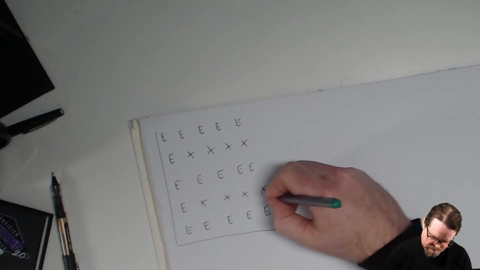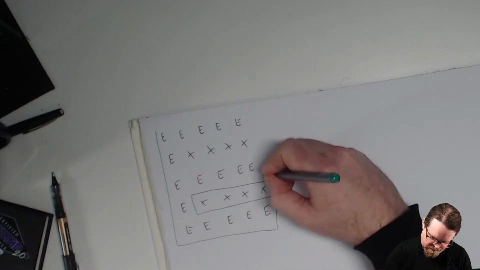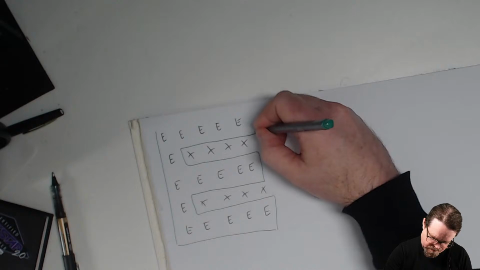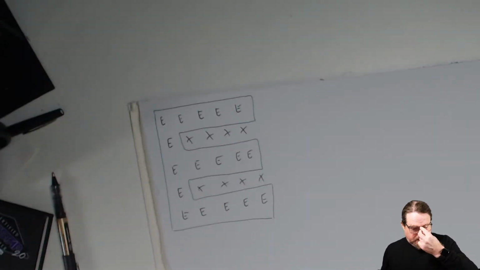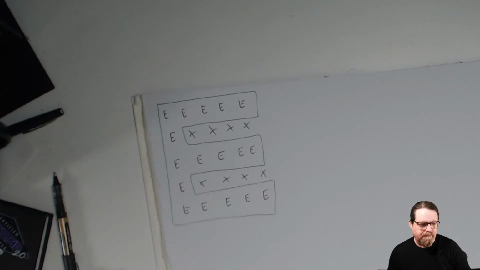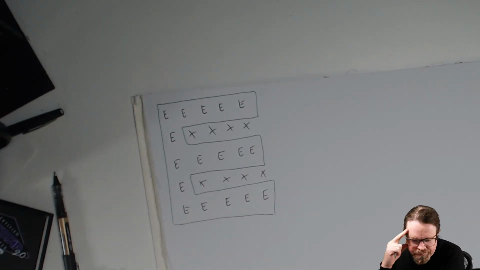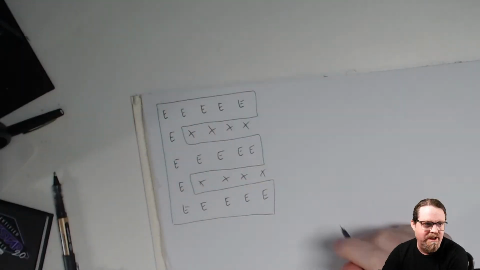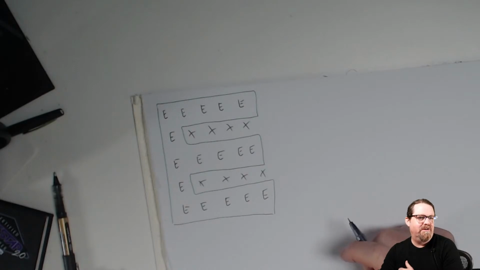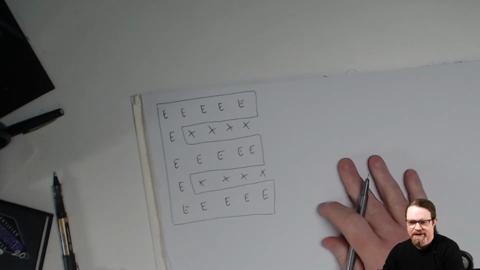Okay, so we got this E-shaped region here. Now, the number of sides, so the E-shaped region here has an area of 17, and it has 12 sides.